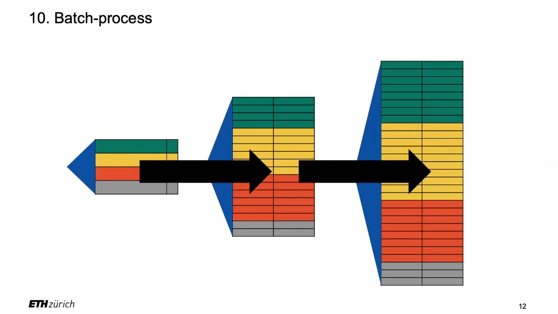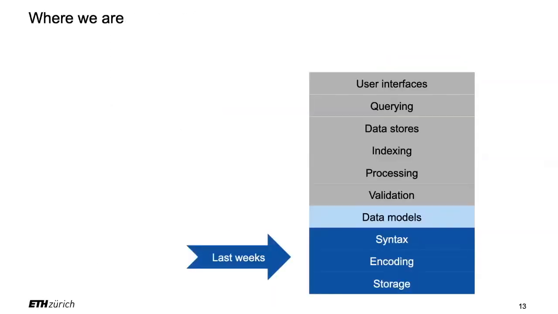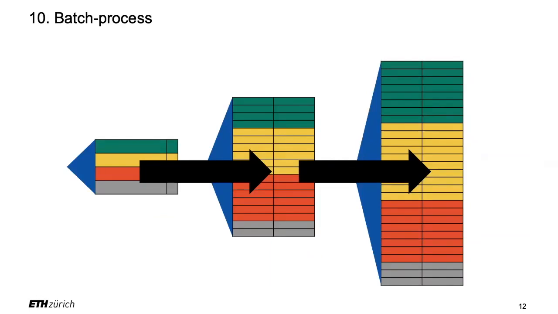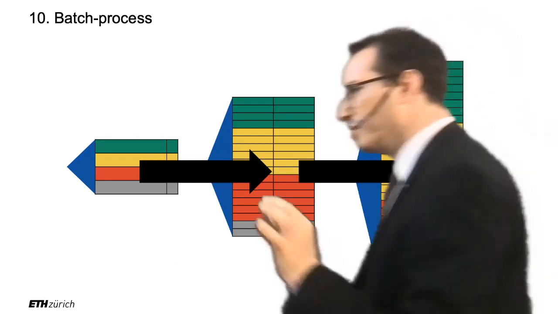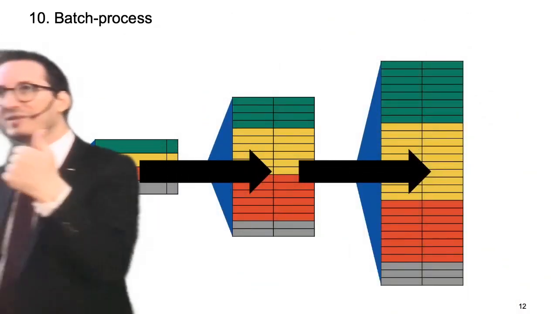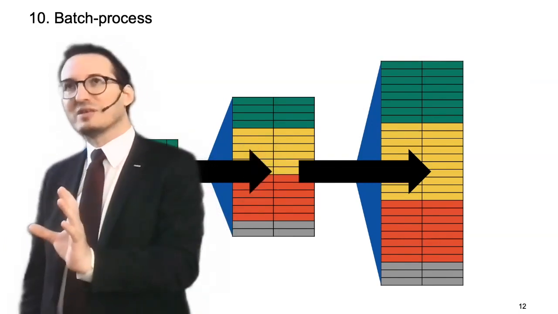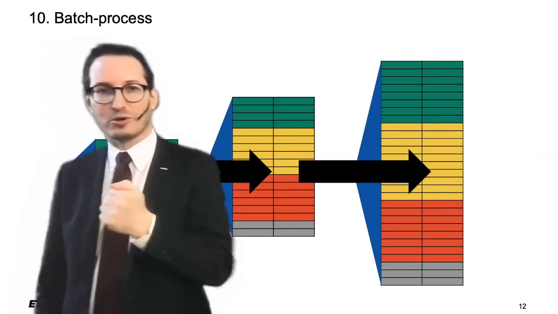And finally, the last idea that goes hand in hand with sharding is batch processing. Batch processing is the idea that instead of dealing with very, very small tasks with a context switch every time, you take 1,000 similar tasks and do all of them at the same time, and you save on the context switch.